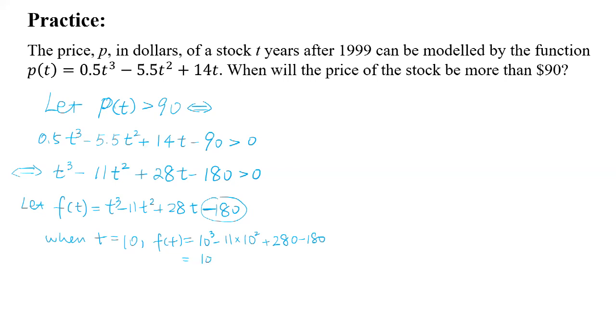This is actually 1000 minus 1100 plus 100, and it happens to be 0. So t is 10 is a zero of f(t), right? So that means t minus 10 is a factor of f(t). And also, the other factor can be determined using long division.